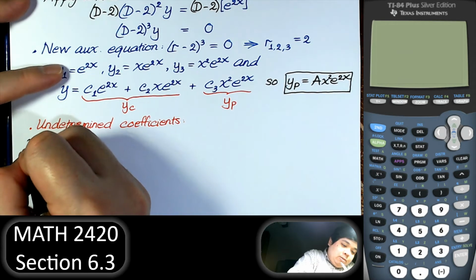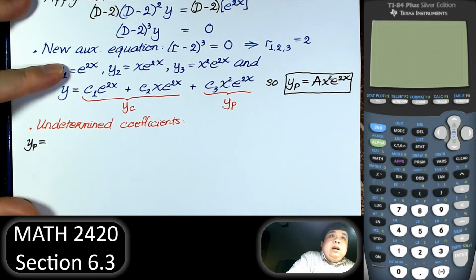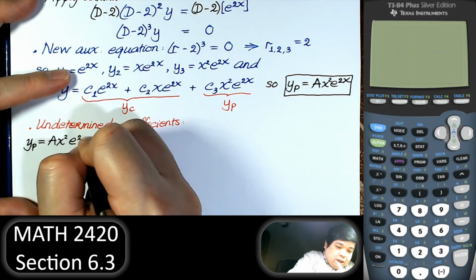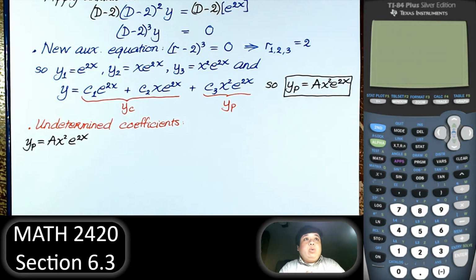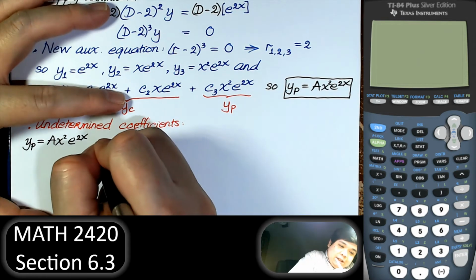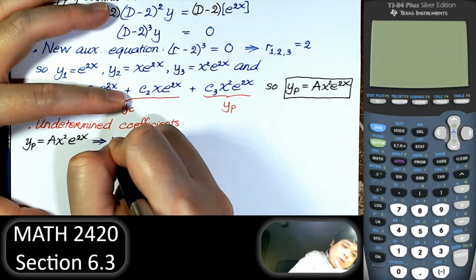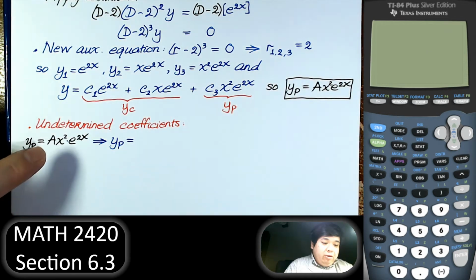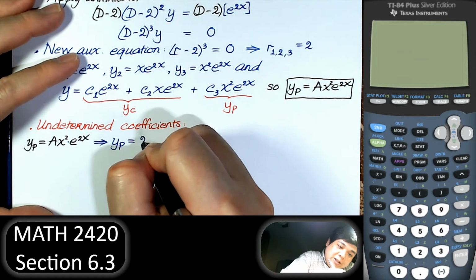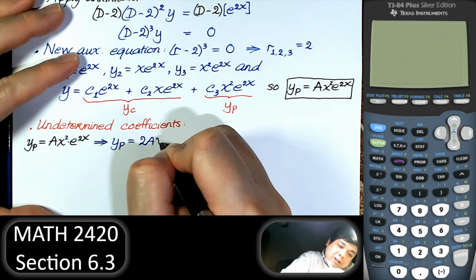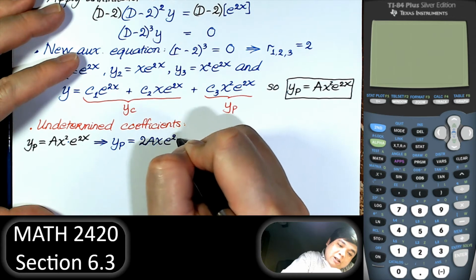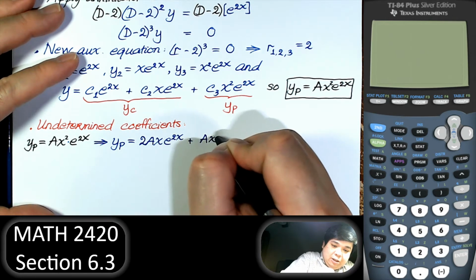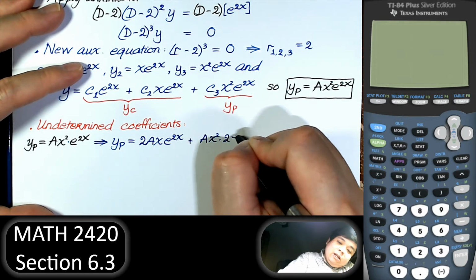So we start with the particular solution a x squared e to the 2x. If we take the derivative, using a product rule: derivative of the first times the second, plus the first times derivative of the second.